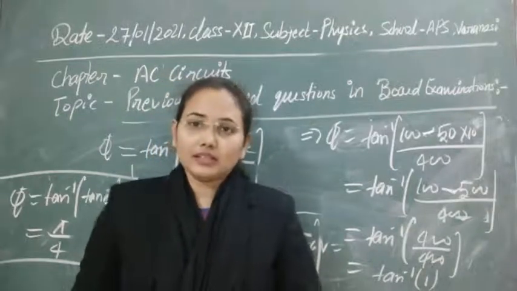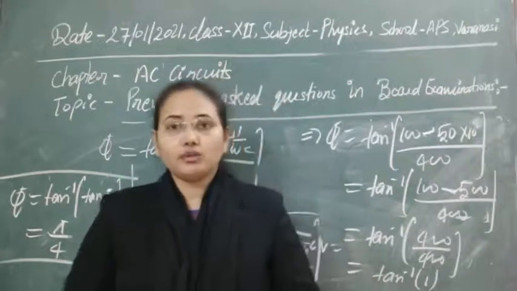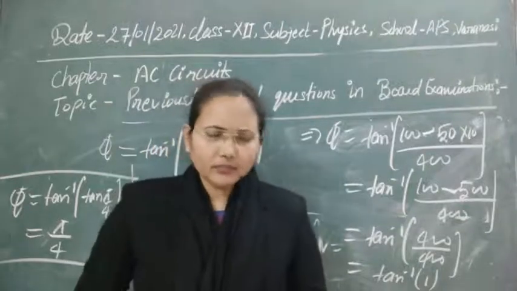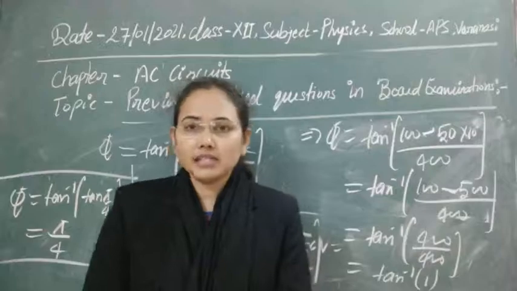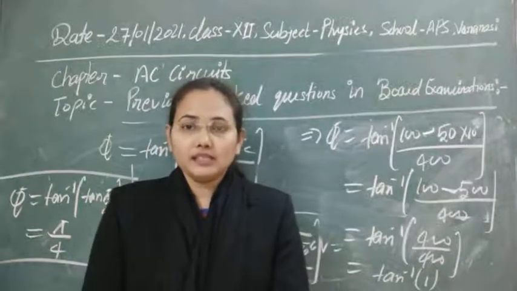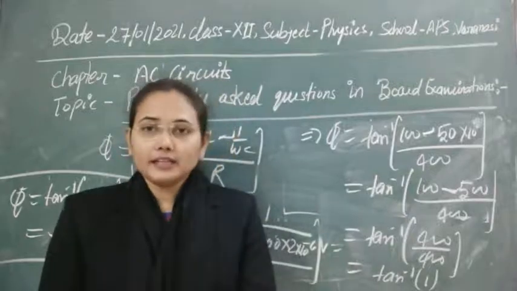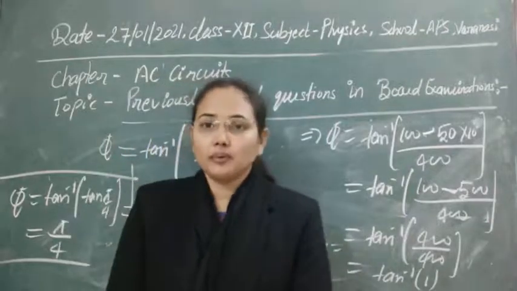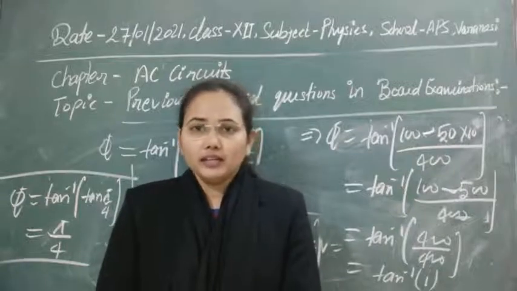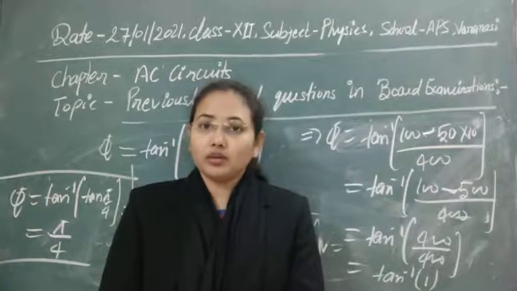And the next thing is that there are two types of instruments that we have to study. One is the AC generator, meaning the device through which we can generate AC current and voltage, and the second thing is transformers. The discussion on transformers we have done already, so we will not do that again.